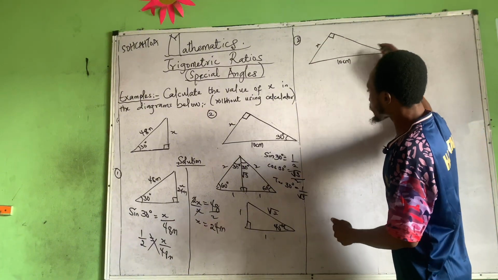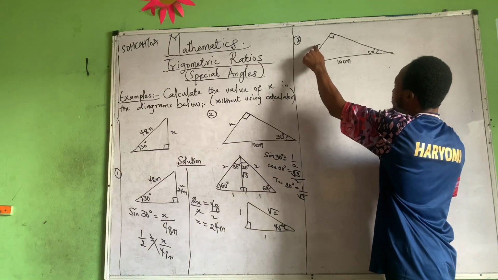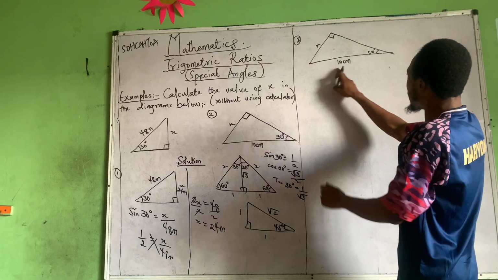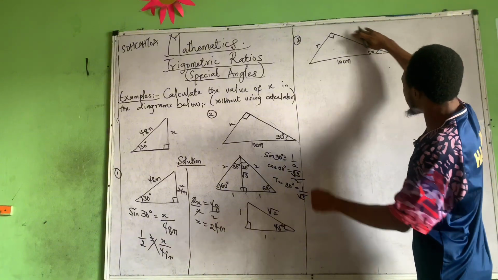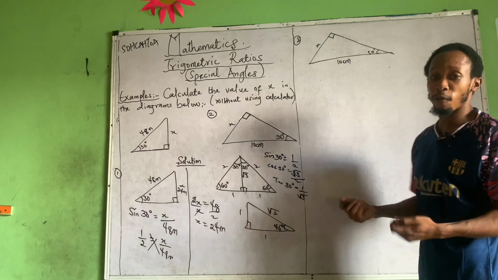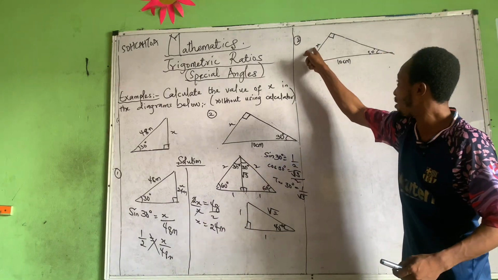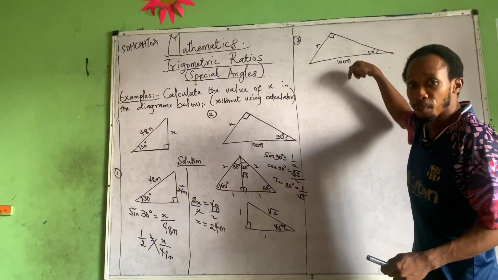So we have this to be the opposite. The opposite of 30 is this. So x is the opposite here, while 10 is the hypotenuse. Then this is the adjacent side that we don't need. Now we are asked to find this x. So which formula are we going to use? Don't forget, I said the one that we are looking for must be present, and another value being given must be present.